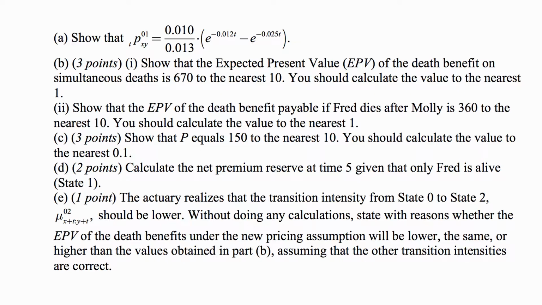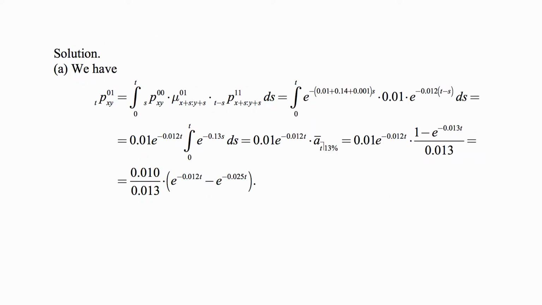Without doing any calculations, state with reasons whether the expected present value of the death benefits under the new pricing assumption will be lower, the same, or higher than the values obtained in part B, assuming that the other transition intensities are correct.